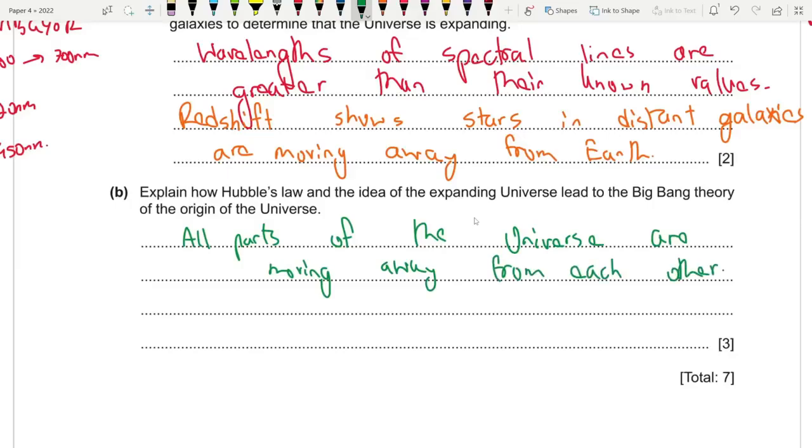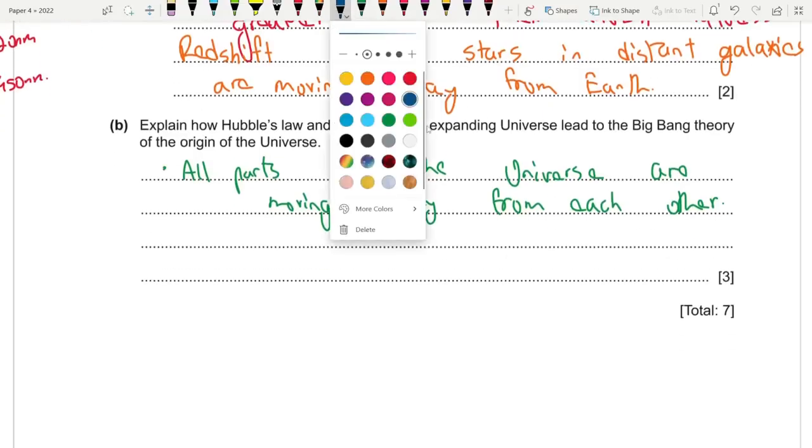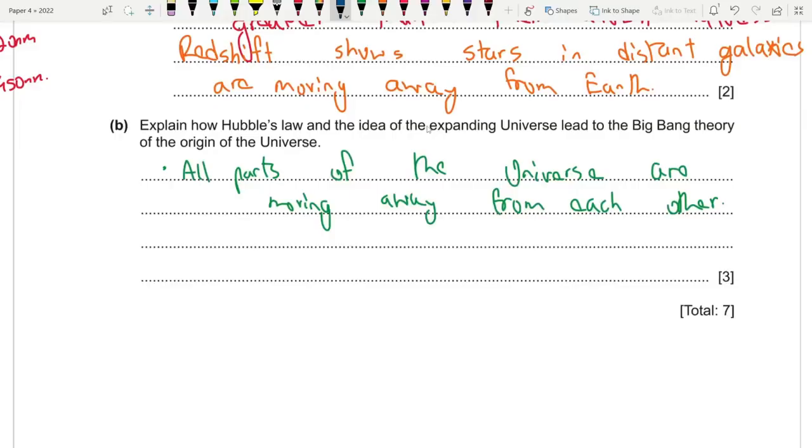Do you guys get what this means? It should not be relative to the Earth. Like if you are on a different planet like Mars, it will seem like everything is moving away from Mars. Okay, so this is the reference of the second answer. Now about the first one, we can say that more distant objects are moving away faster, right?